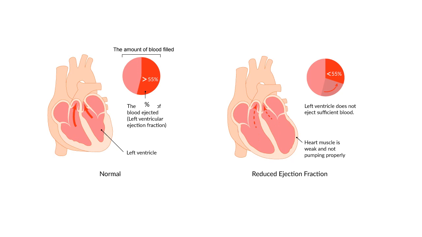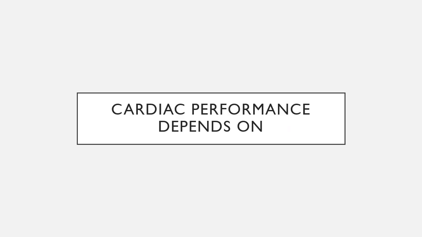Same is the case with heart failure. If a person's ejection fraction is 50, we will say he is in heart failure, his heart is failing, and even if it's 15%, it's failing. But the symptoms would be different and the severity of the disease would be different.